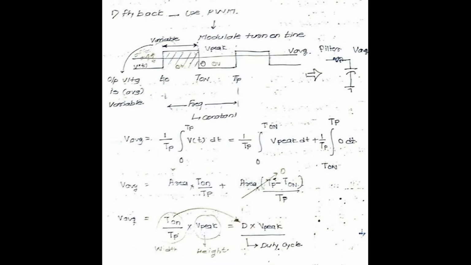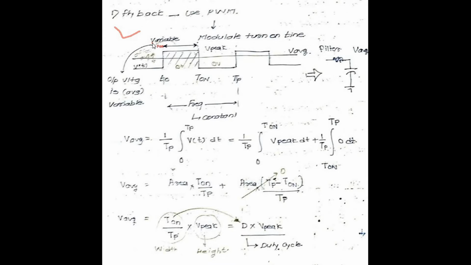Before moving towards the in-depth analysis of the flyback converter, first I will elaborate some simple waveforms of a PWM converter and how we calculate the average value with respect to the turn-on time. As shown in the picture, this is your PWM converter output waveform.